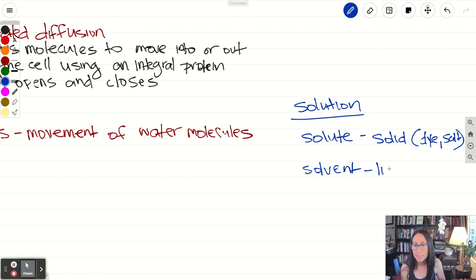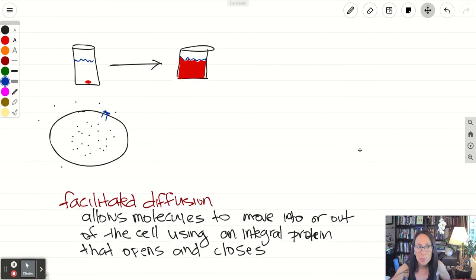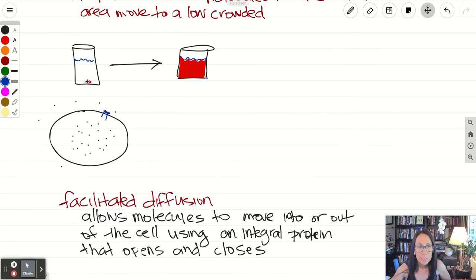So the solvent is the liquid, and in most cases, it's going to be water. So in these examples that I gave you earlier, the solute here is the dye and the solvent is the water. Here with the cell, the solute is the salt and the solvent is the water inside the cell and the water outside of the cell.